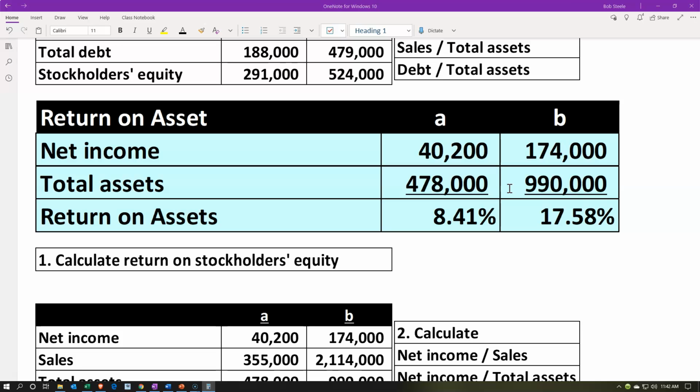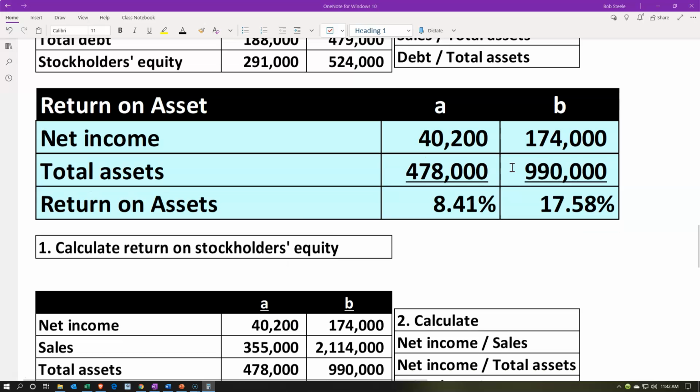So what you need to do is compare what's the return on what they put into the company, the assets, to what they're generating from it on a yearly basis. And it looks like B is being more efficient with that. So even though they have more assets in the company, and it took more investments and or loans to build up those assets, they're using them more efficiently, getting a higher return from them.